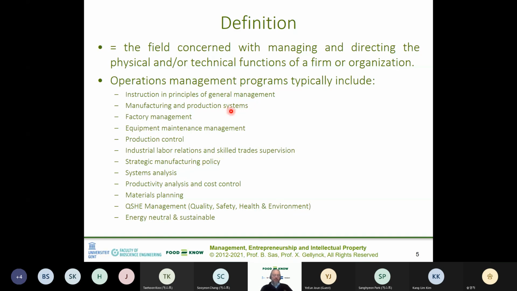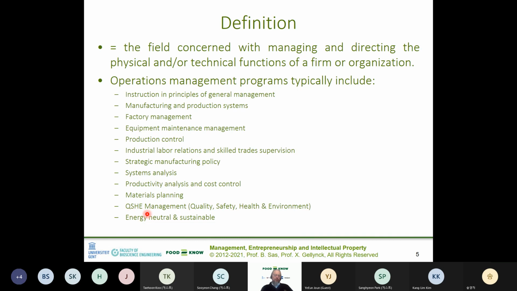It's looking at manufacturing, production systems, how the factory is being designed and managed, equipment procurement and maintenance, control of the process of production, managing the people working in the factory, and analyzing the systems, productivity analysis, cost control, planning of the materials, planning ahead so that you always have sufficient materials at hand to work.